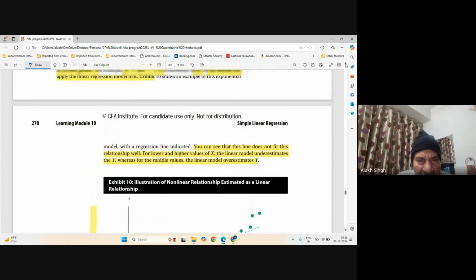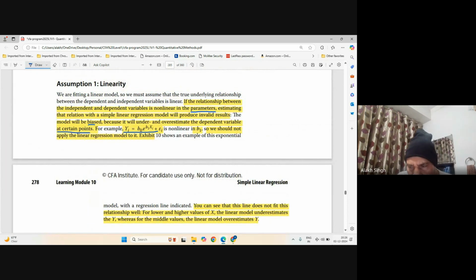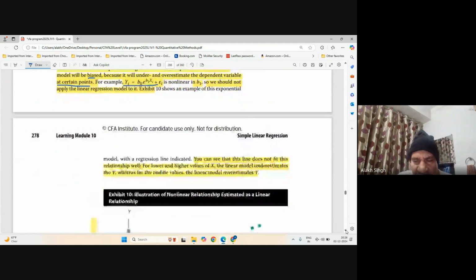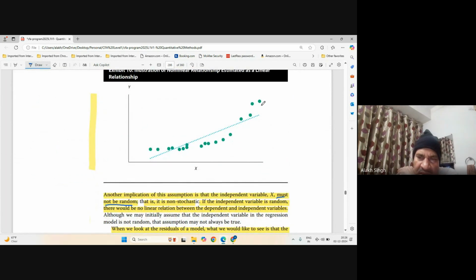Linearity assumes that there should be a linear relationship, otherwise there will be overestimation or underestimation of actual variables. Means y hat will be either overestimating y or underestimating y at different places. It should go in such a manner that the least squares is minimized.